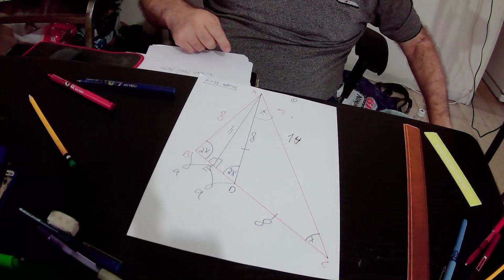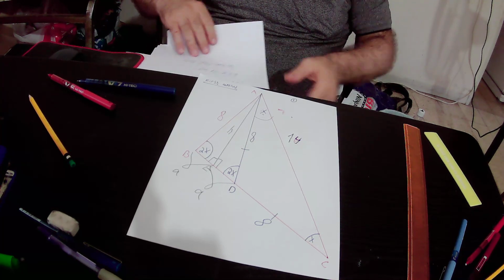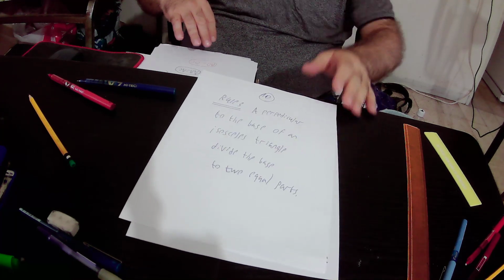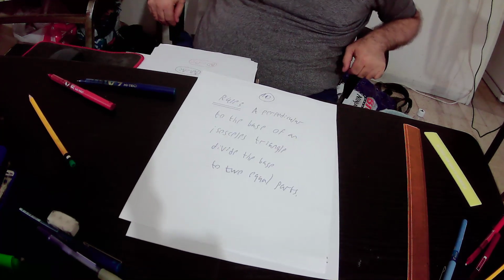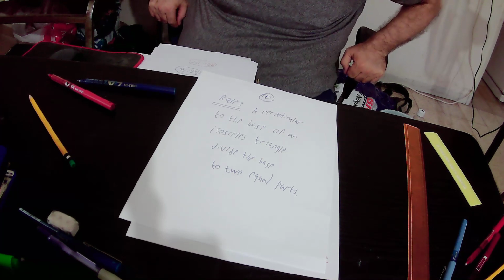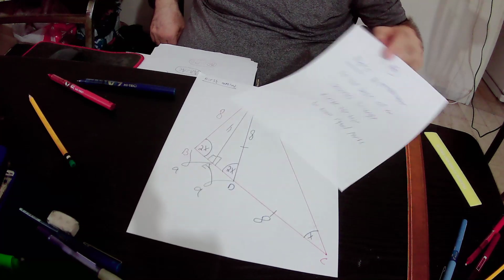Then we have rule number 3 that states that a perpendicular to the base of an isosceles triangle divides the base into two equal parts.